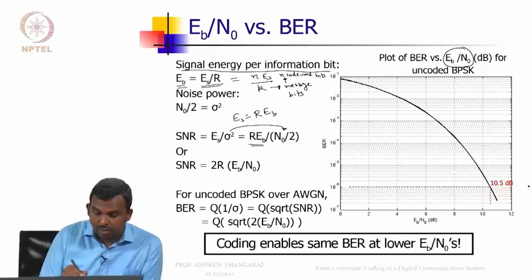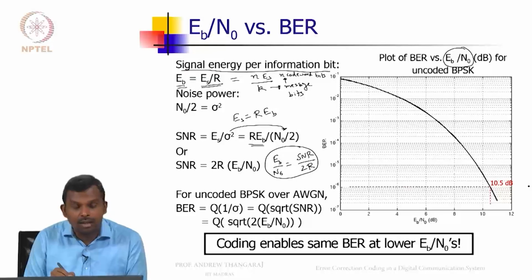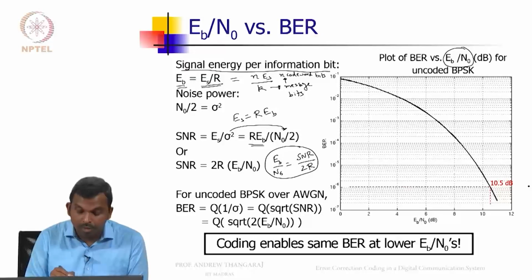And if you simplify, you see that SNR is 2 times R times Eb over N naught, or another way to write this is Eb over N naught is SNR divided by 2 times R. This is the main result. So, you have to convert SNR into Eb over N naught by dividing by 2 times rate.